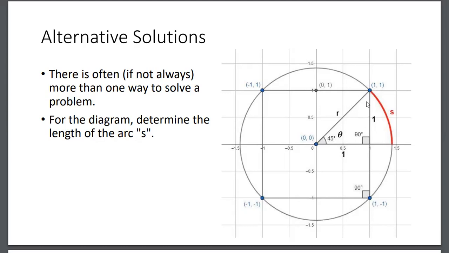This little triangle is a right triangle. R stands for the radius of the circle, and 1 and 1 are the sides of this little square. S is an arc on the circumference of the circle, and we want to calculate S. How long? What is the measure of that arc?